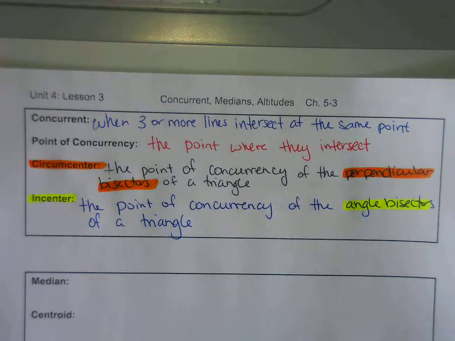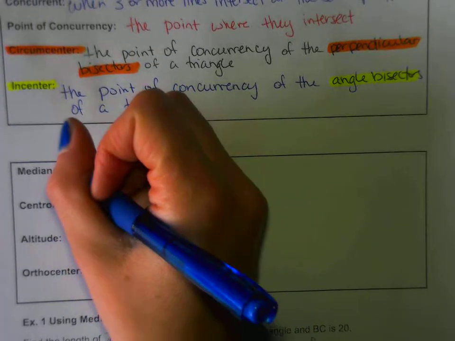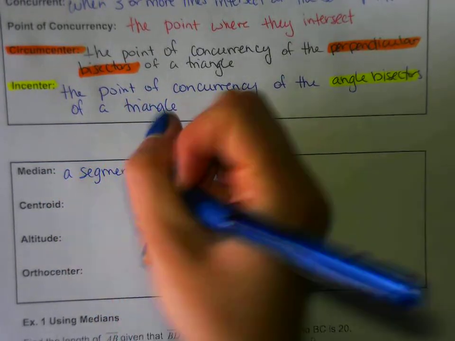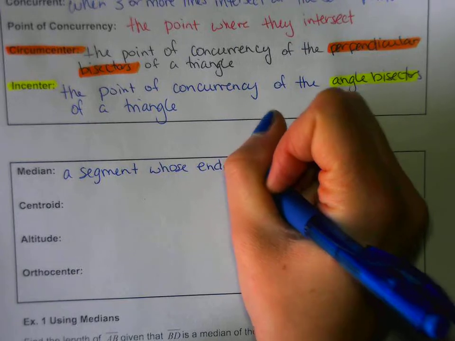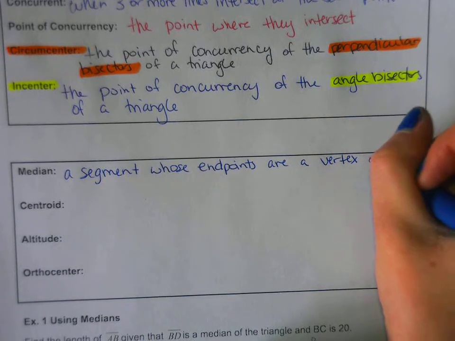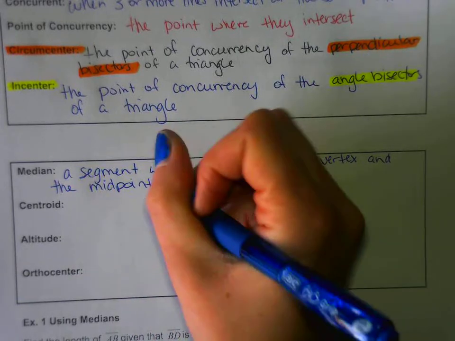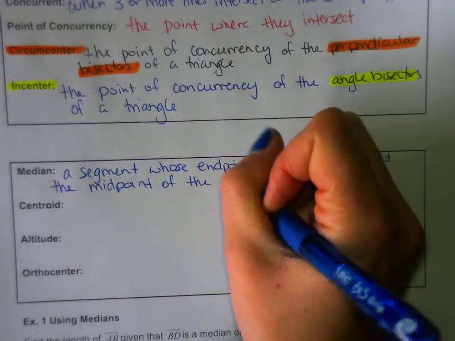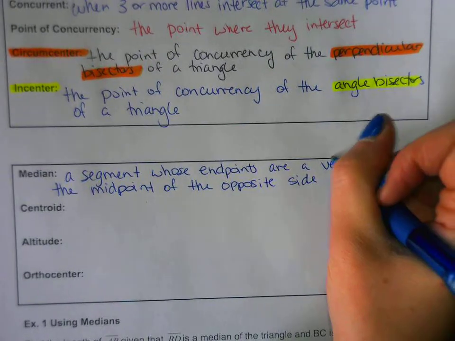So the median is a segment whose endpoints are a vertex and the midpoint of the opposite side. So here when we look for a median, if it starts at a vertex and it goes to a midpoint, then it's our median.